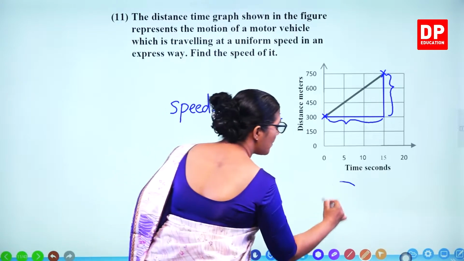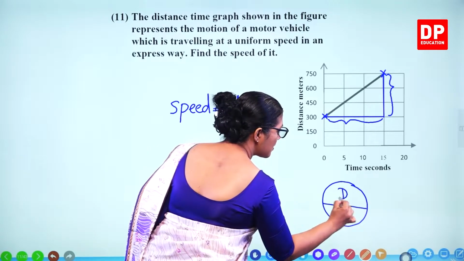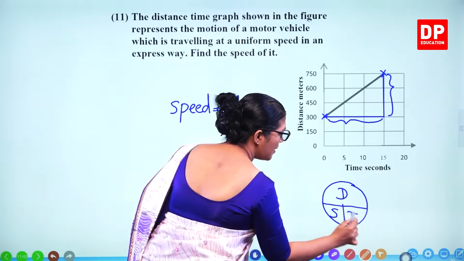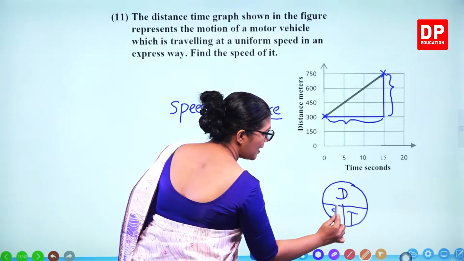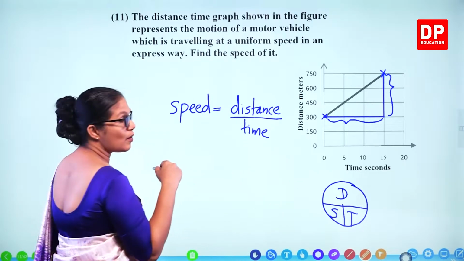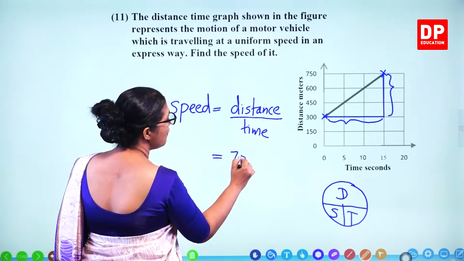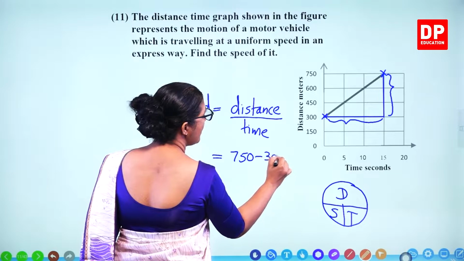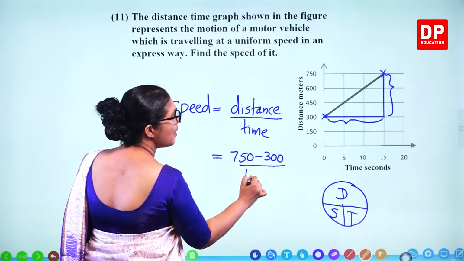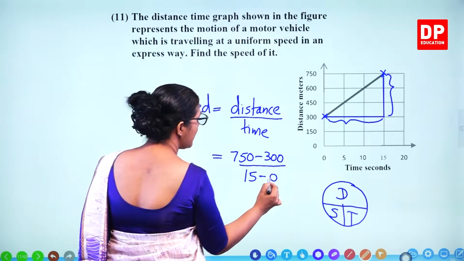So can you remember this? Distance over speed is time. Distance over time is speed. Speed into time is equal to distance. So distance is 750 minus 300. Time is 15 seconds minus 0.